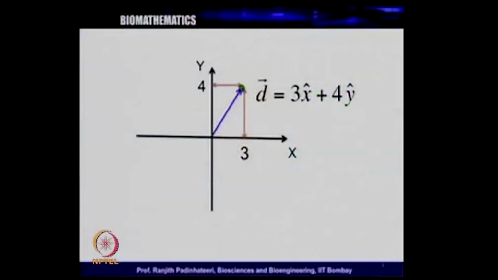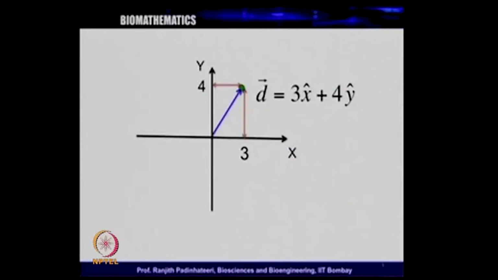As we know, the simplest vector is position. So let us understand a bit about this vector called the position vector. Have a look at this slide. Here the green point is represented by a vector d.